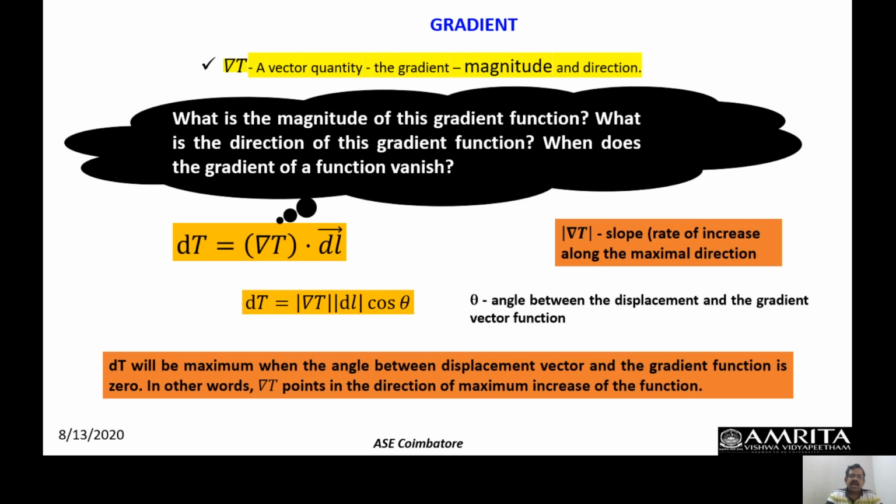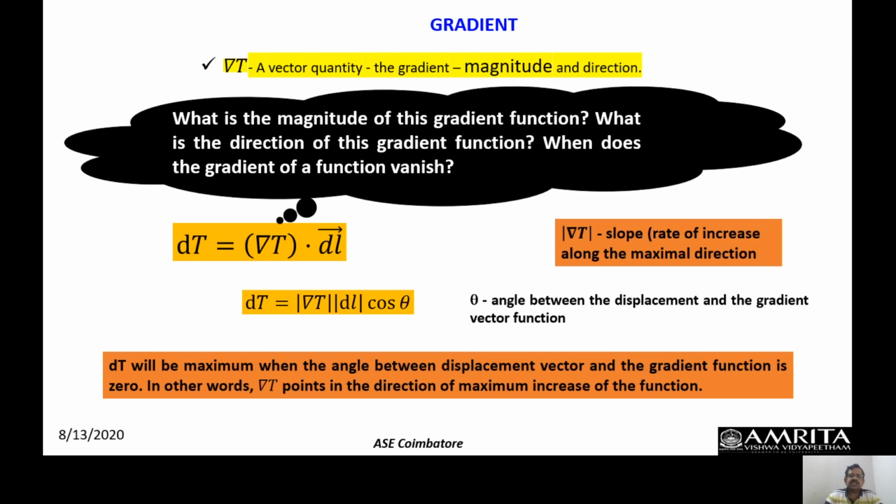That is, the angle between the infinitesimal displacement vector and the gradient is 0. In other words, gradient and infinitesimal displacement vector are along the same direction.